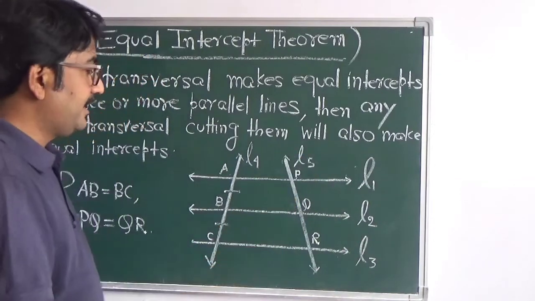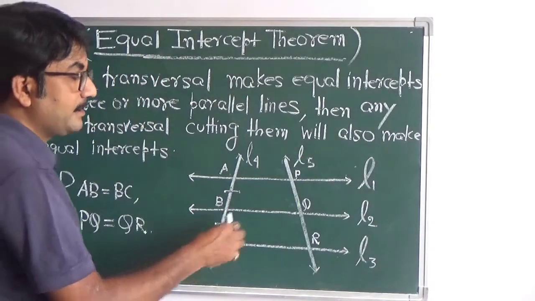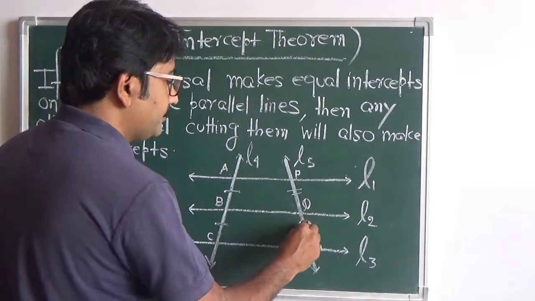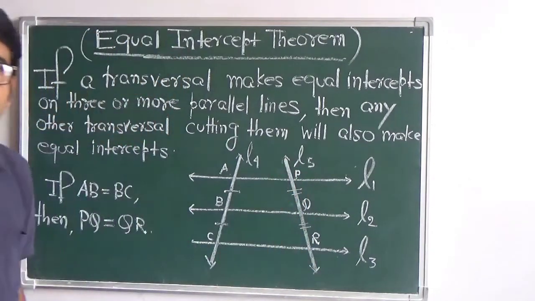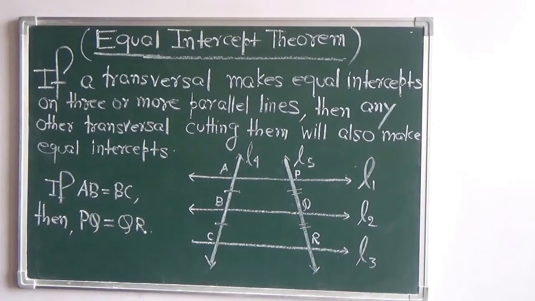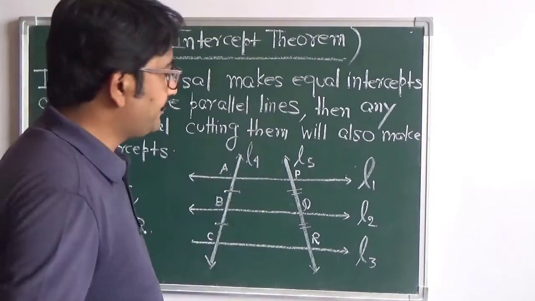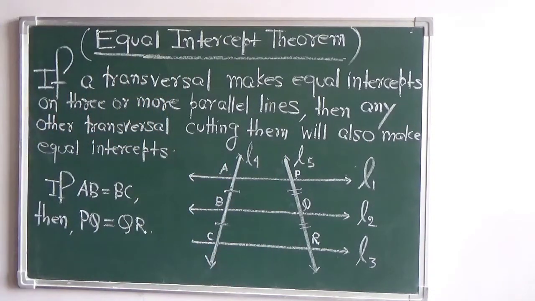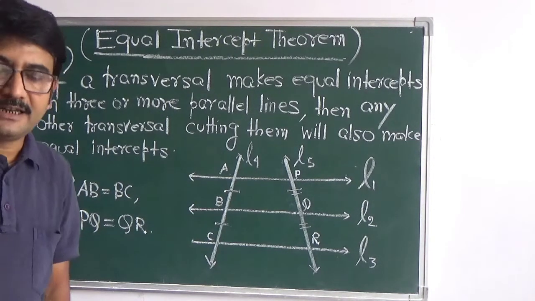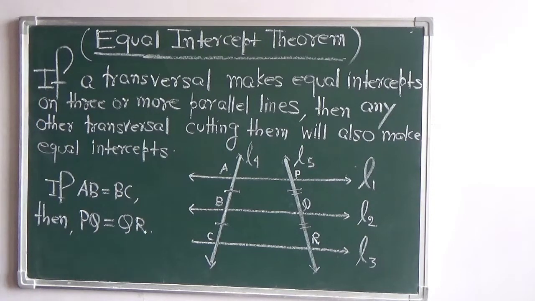That means if AB equals BC, then PQ will also be equal to QR. This is the equal intercept theorem. If you draw any other parallel line, the intercepts made by the transversal on these parallel lines will also be equal. We already know this fact, but again we will try to prove it.